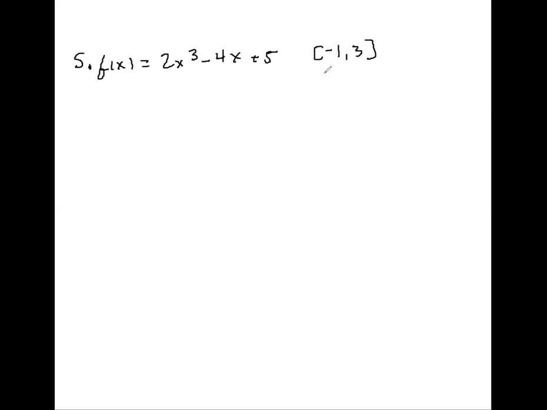We want to verify the function satisfies the 3 hypotheses of Rolle's theorem on the given interval, and then find all numbers c that satisfy the conclusion of Rolle's theorem. So, what are the conditions of Rolle's theorem?